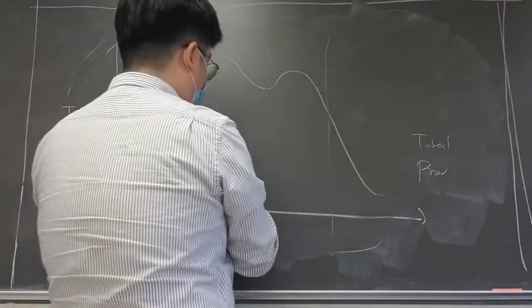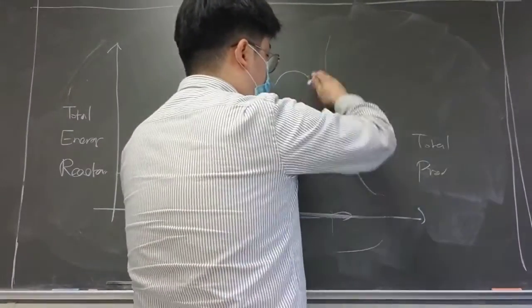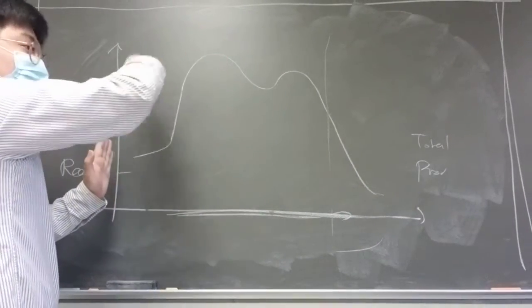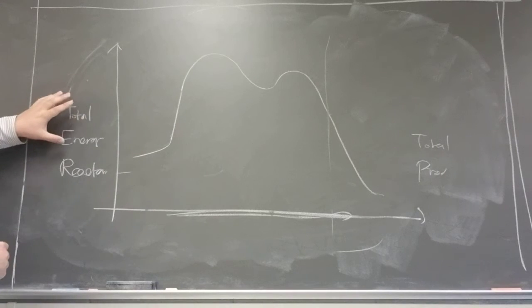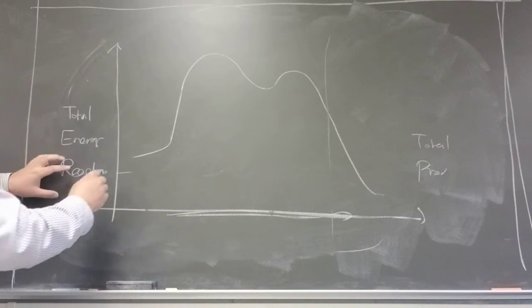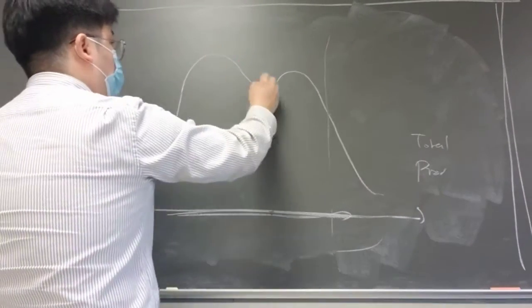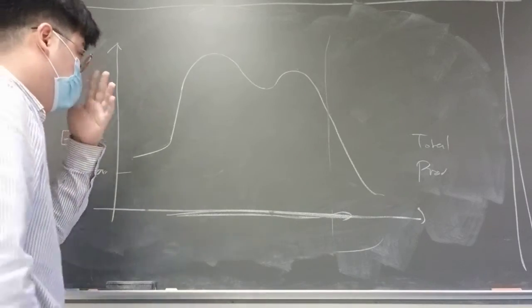Because when you proceed with the reaction over time, this is where you can find the products. This is what you started with, which is the reactants over here. So technically the y-axis is just the total amount of energy, but you can say these are the reactants here and these are the products here. We're gonna go through some intermediate steps there.